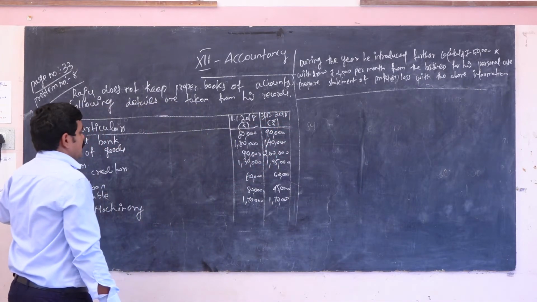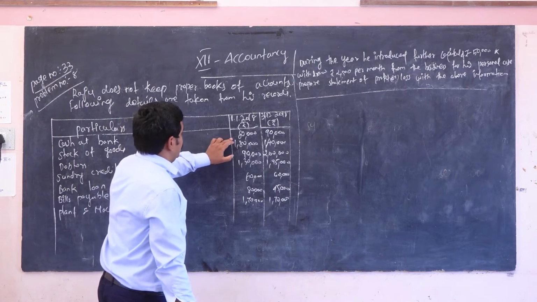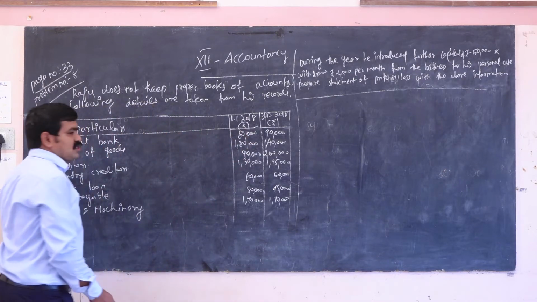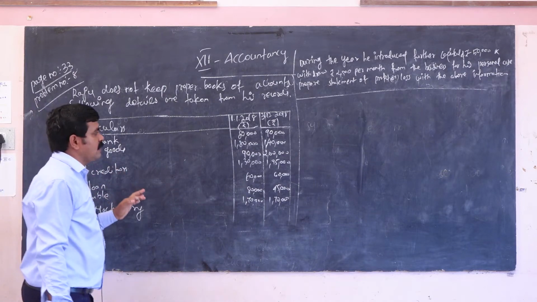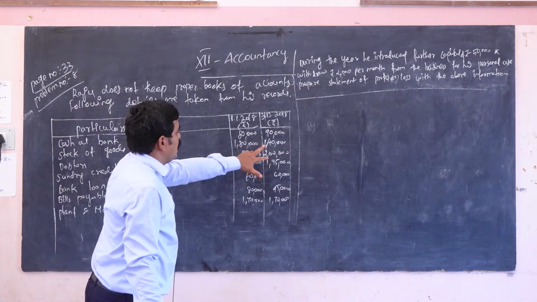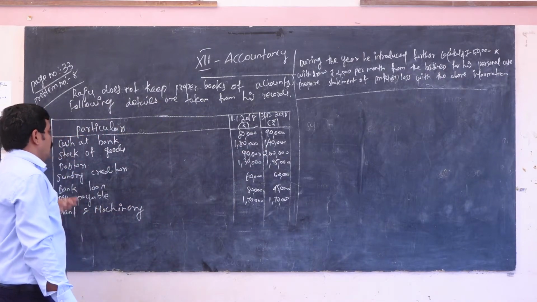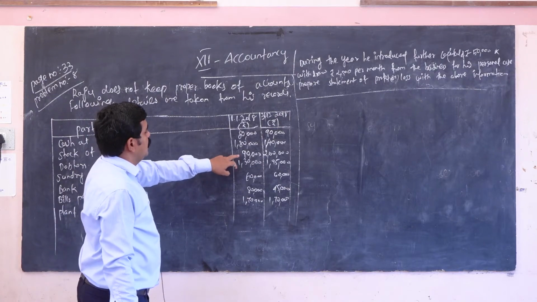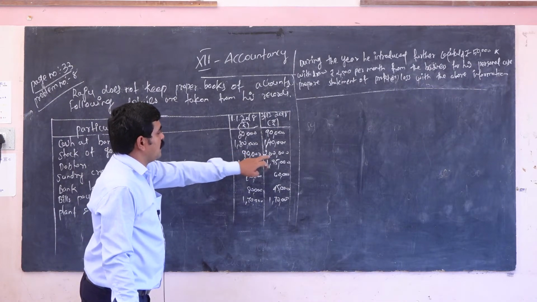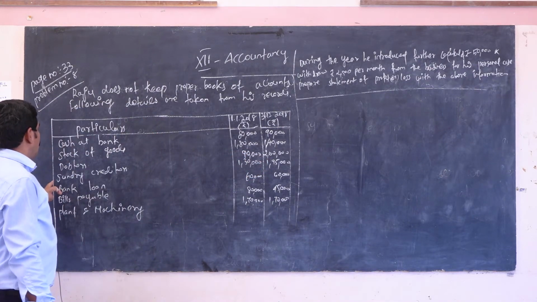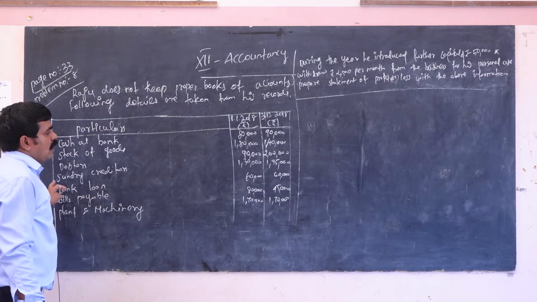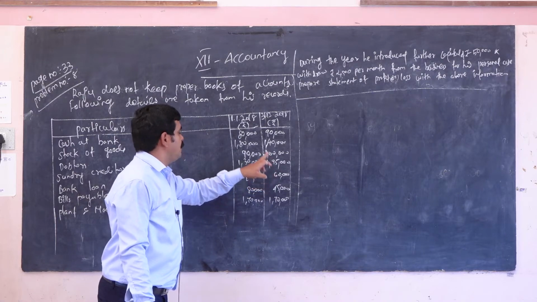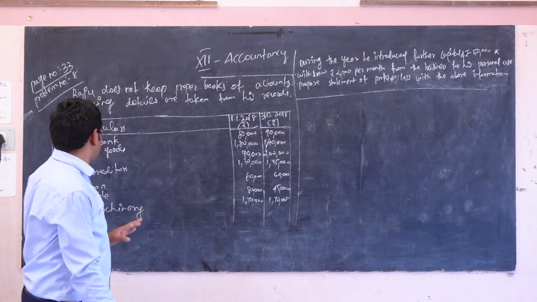Cash at bank 80,000, that is the opening balance. Closing balance 90,000. Stock of records 1,80,000, and 1,40,000 is the closing. Debtors 90,000 in opening, and 2 lakh for closing. Sundry creditors 1,30,000 in opening balance, closing balance 1,95,000.